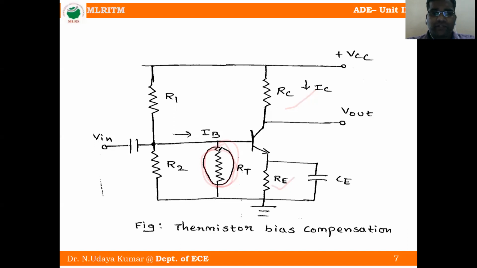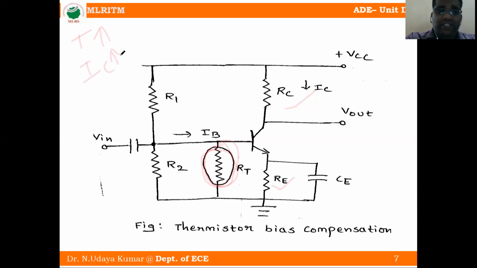Same as what we discussed in the previous circuit, diode compensation. Here also the same. I will repeat. First, if temperature increases, IC increases.